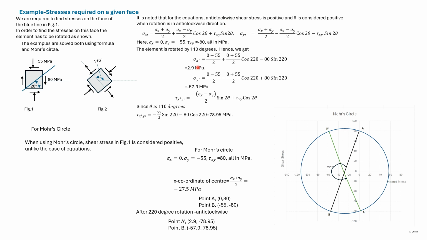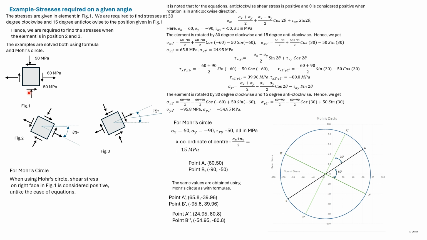As we can see, the stresses given by using the formulas and using the Mohr circle coincide. The shear stress calculated here is negative when it comes to the Mohr circle.